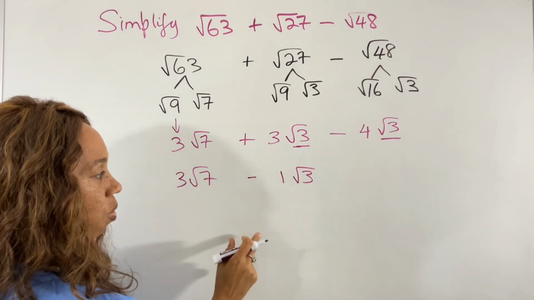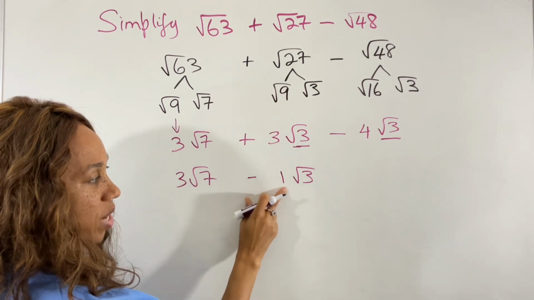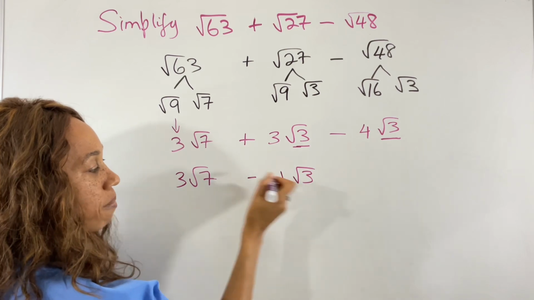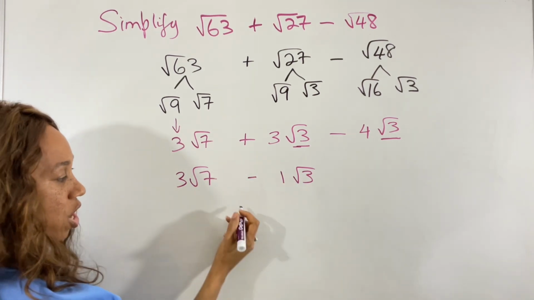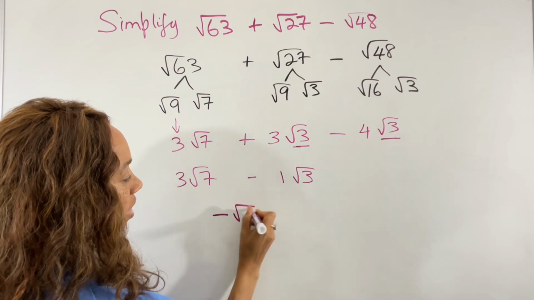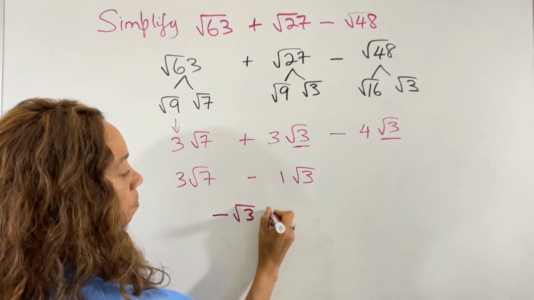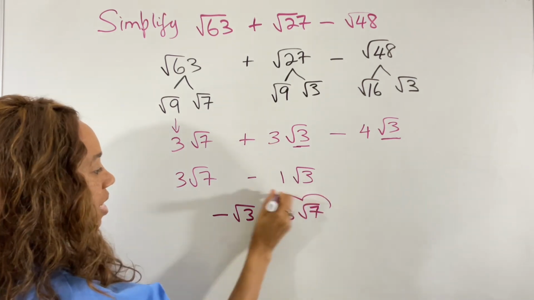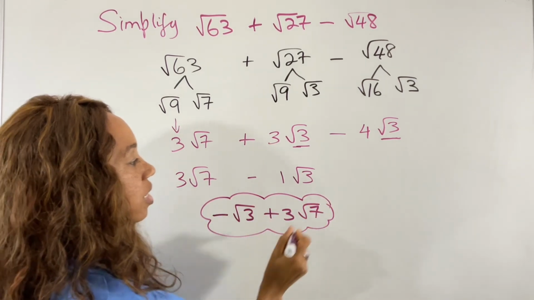You are now going to write this without the 1, make it invisible, but not only that, 3 comes before 7, so you're going to write your final answer as negative radical 3 plus 3 radical 7. And this would be your final answer.